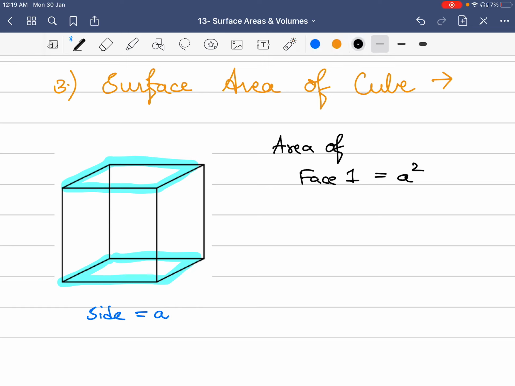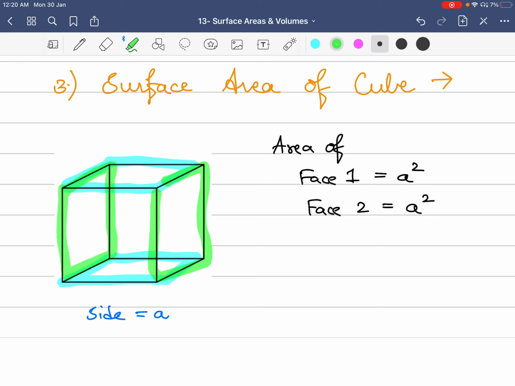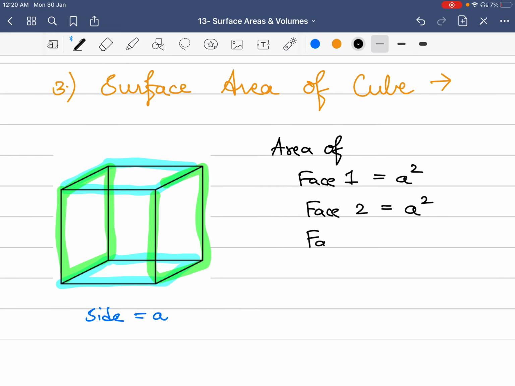Similarly, the area of face 2 is also a square, same side into side. Face 3 is also a square, side into side, and face 4 is also a square, side into side.